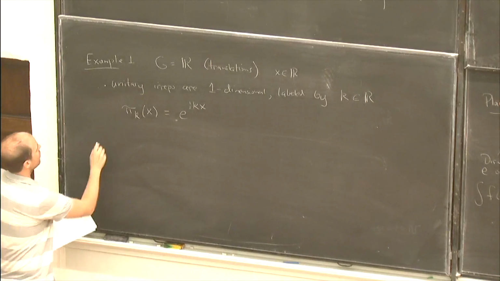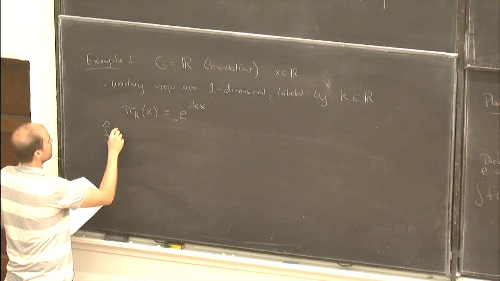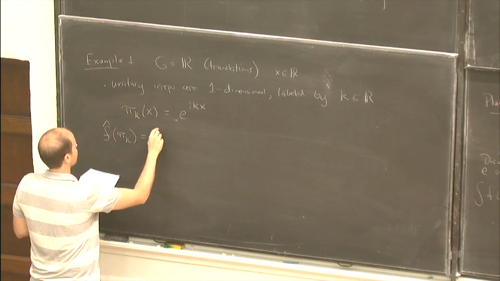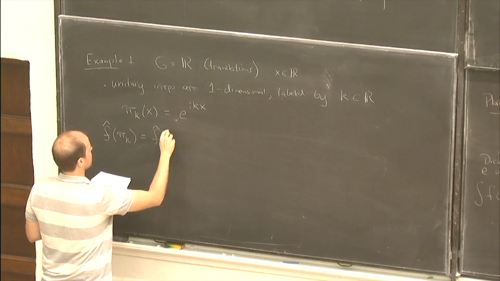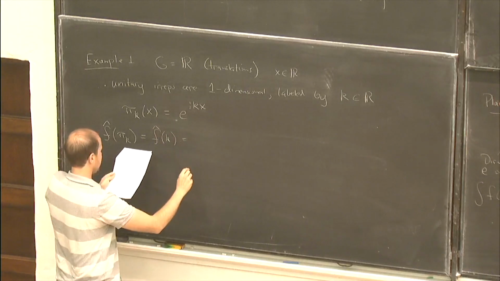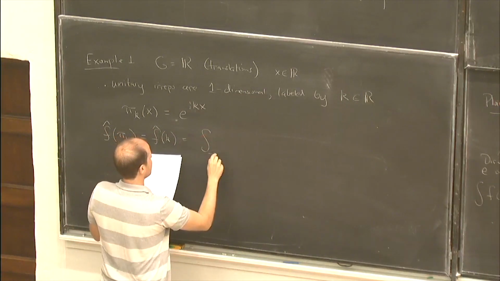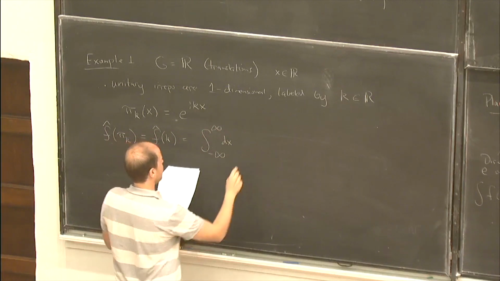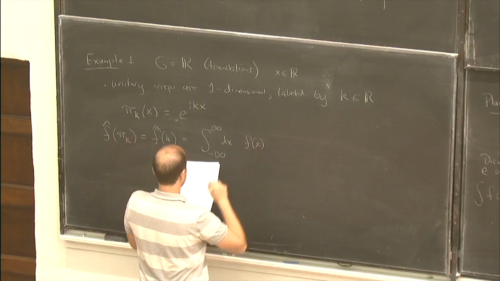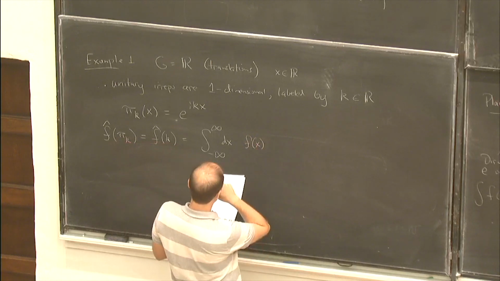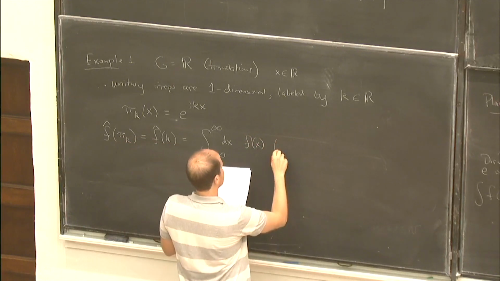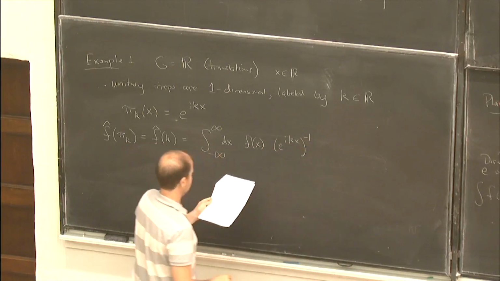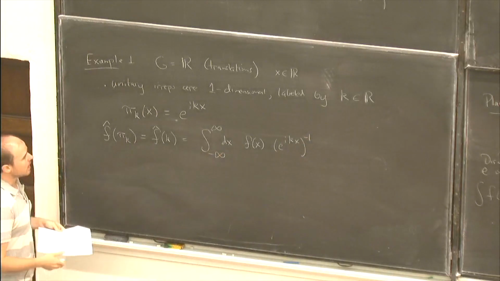Okay, so what is this thing that I called the Fourier transform, f of pi sub k, which we'll also write as just f hat of k? This is equal to an integral over the group, which is an integral dx from minus infinity to infinity of f of x times the representation map of x inverse, which is e to the i k x inverse.